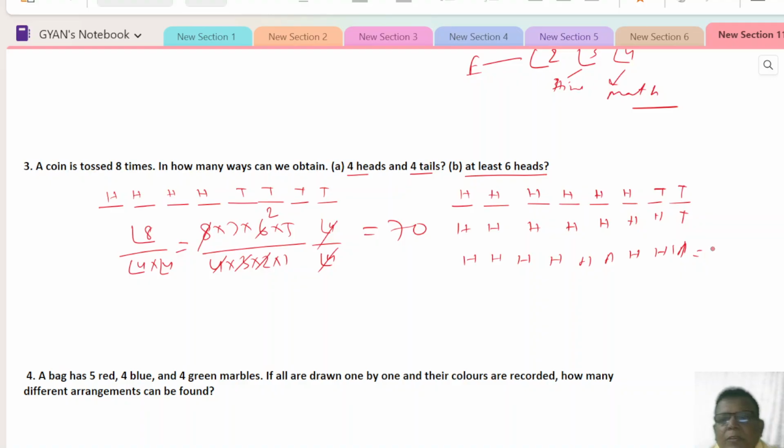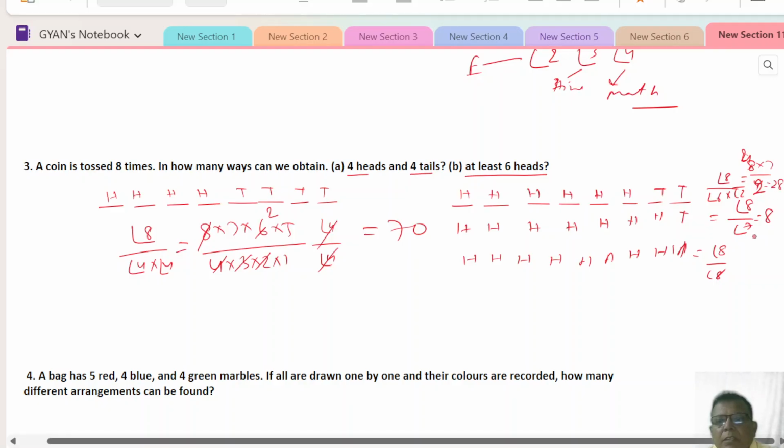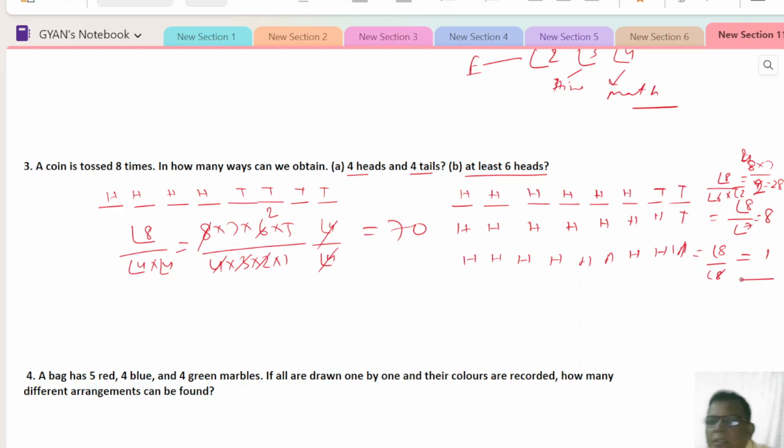This can be done by one way, factorial 8 by factorial 8. This can be factorial 8 by factorial 7, that is equal to 8. This is factorial 8 by factorial 6 into factorial 2, so this is 8 into 7 by 2, that is equal to 28, plus 8, plus 1. So total will be 37.